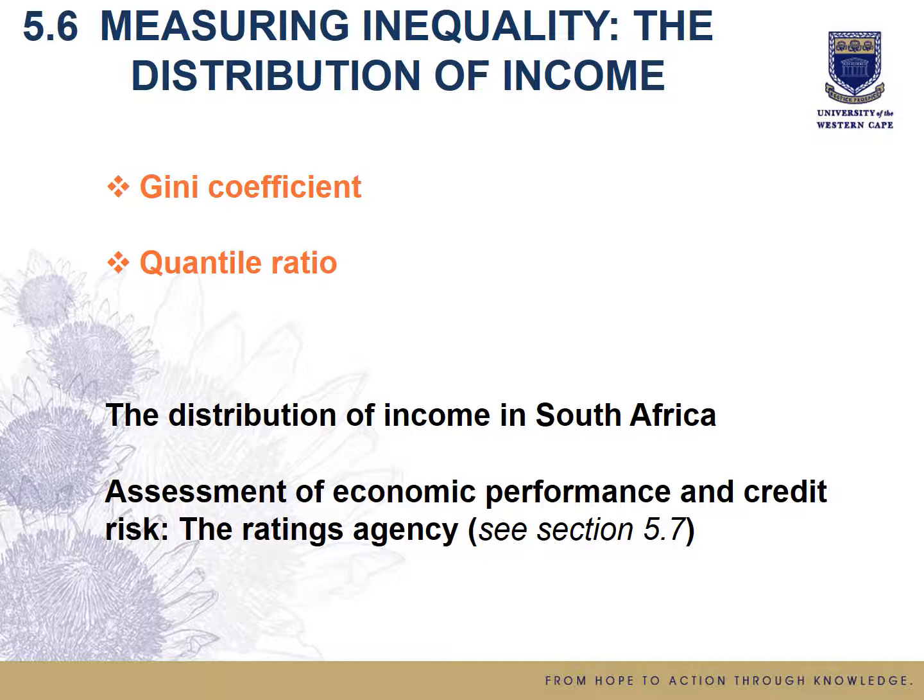There are three most important credit rating agencies, namely Moody's Investor Services, Standard and Poor's Global Ratings, and Fitch Ratings. Credit rating agencies apply a number of indicators and qualitative information to assess the economic performance and credit risk of a country.